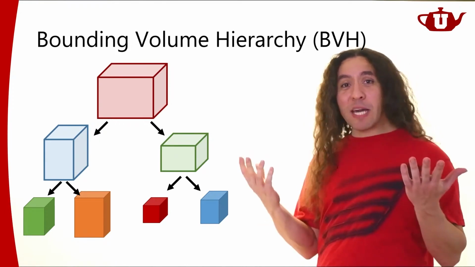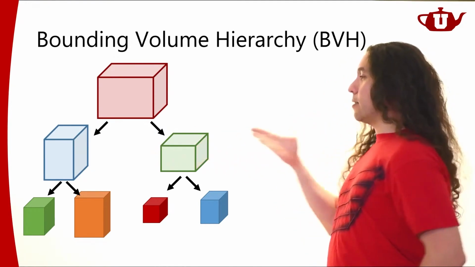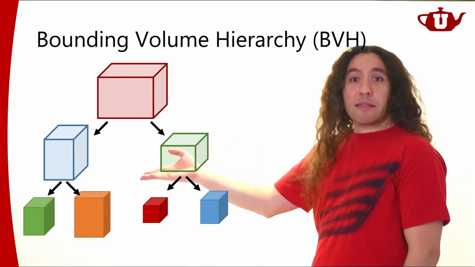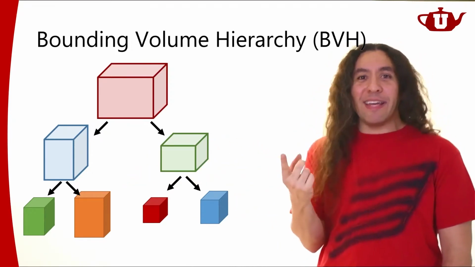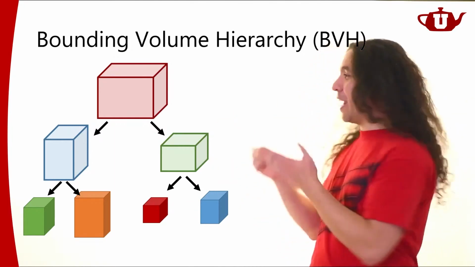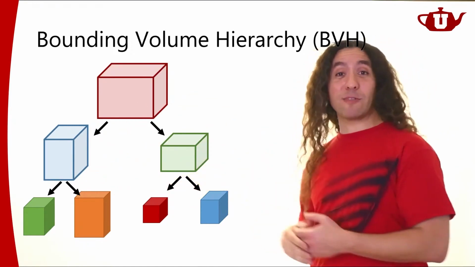Because when you think about it, in a scene, I have a ray that hits an object. The ray will hit just one of its triangles, right? A ray will not hit all of the triangles of an object. It's going to hit one triangle, maybe 2 triangles, maybe 1 triangle on the backside as well.